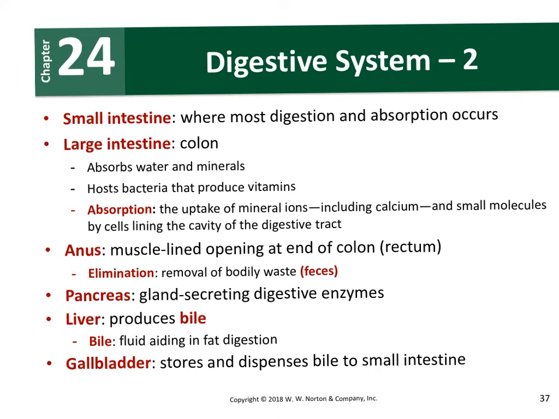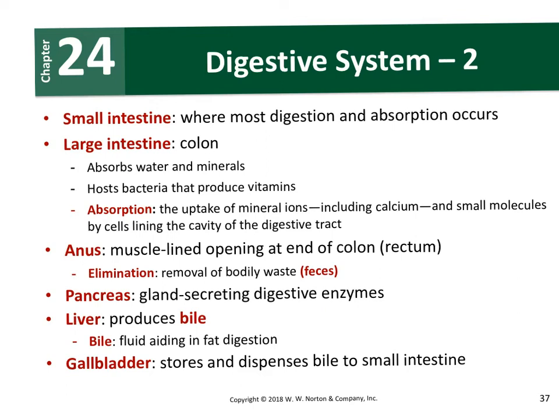Most of the digestion, after it leaves the stomach, goes into the small intestine, where most of the digestion and absorption occurs of nutrients, such as carbohydrates. Okay? And the small intestine goes from larger to smaller and smaller and smaller villi that then are tied into capillary beds for exchanging nutrients.